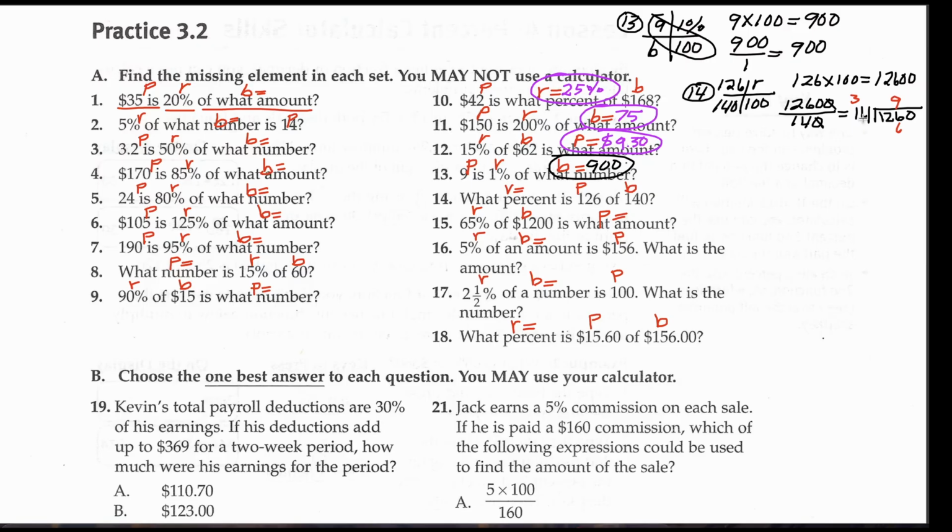Carry 3. 9 times 1 is 9 plus 3 is 12. So subtract, bring down the 0. 14 goes into 0 is 0. So you have 90. That means that's 90%. So write 90% right here. And circle.